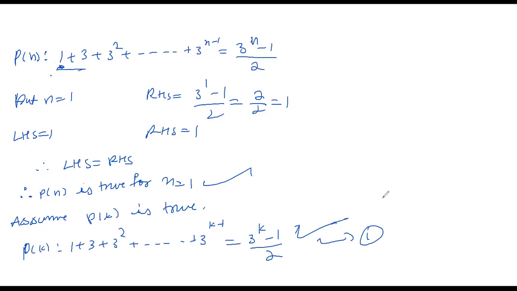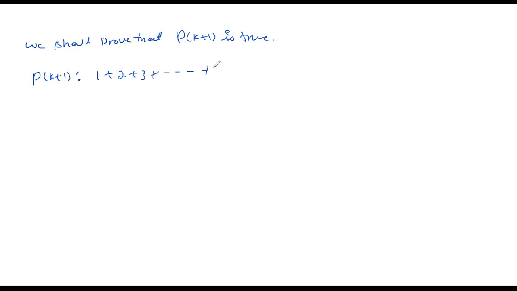Next type. Next is P of k plus 1. What is that? We shall prove that P of k plus 1 is true.